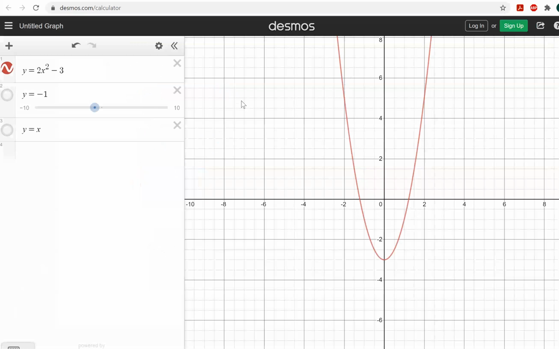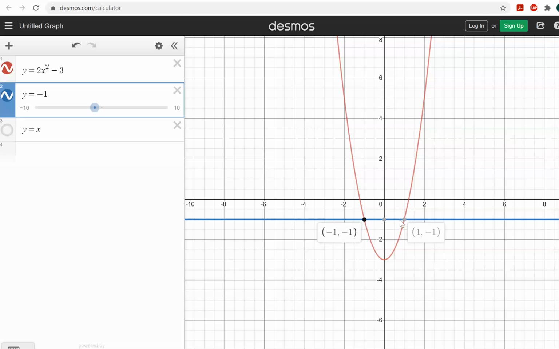So there's our quadratic. If I graph y equals -1, we can see it crosses at 2 points. There are 2 intersection points, and it's when x or t is -1 and +1. So there's 2 cases of having an output. So we need both of those answers, so we need that plus or minus.